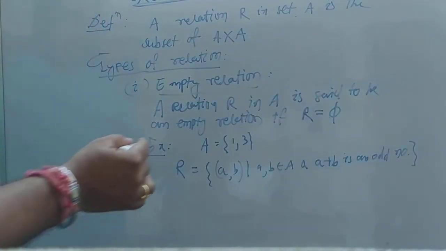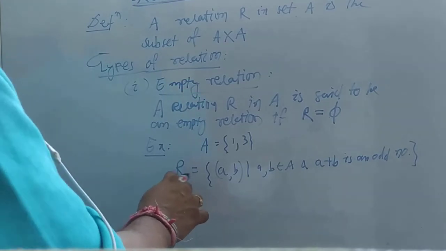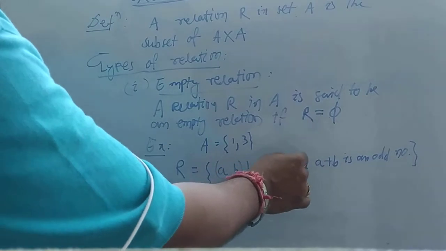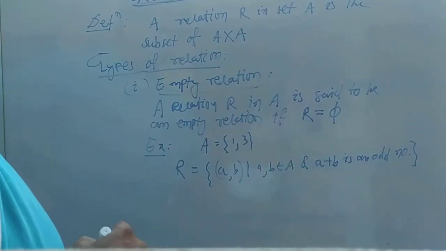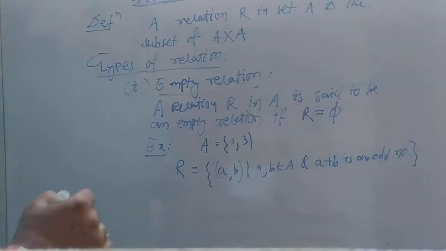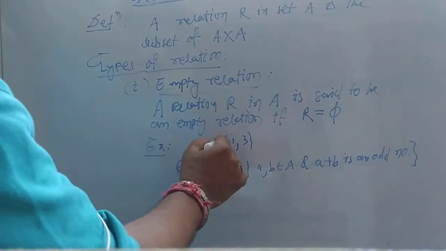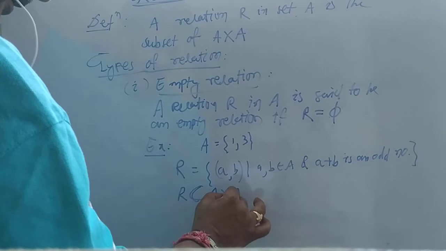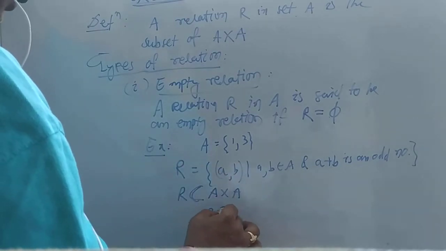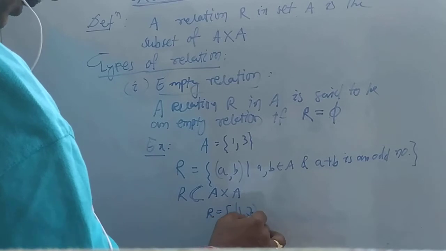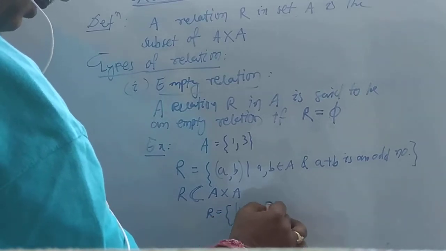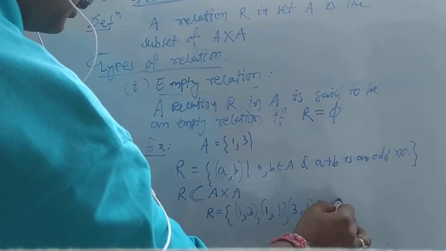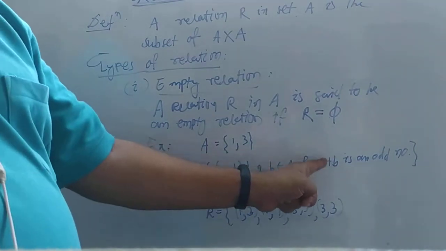So here the given set is {1, 3}. R is the relation defined by (a, b) such that a, b belong to set A and a + b is an odd number. Now let us find out R. As R is a subset of A cross A, here the ordered pairs will be (1, 3), (1, 1), (3, 1) and (3, 3). Okay, so it is defined as a + b.